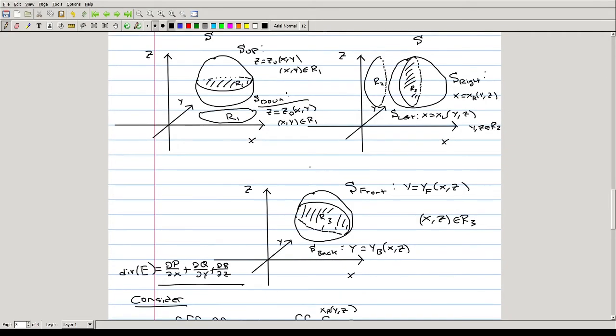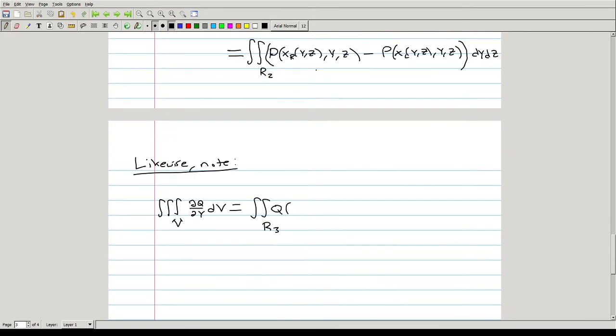y on our front surface. So it's q of x, comma y front of xz, comma z, minus q of x comma y back of xz.